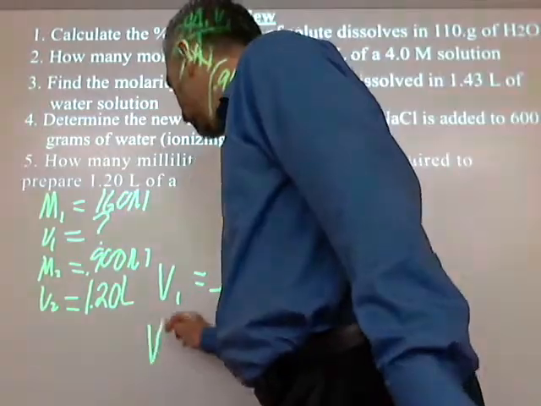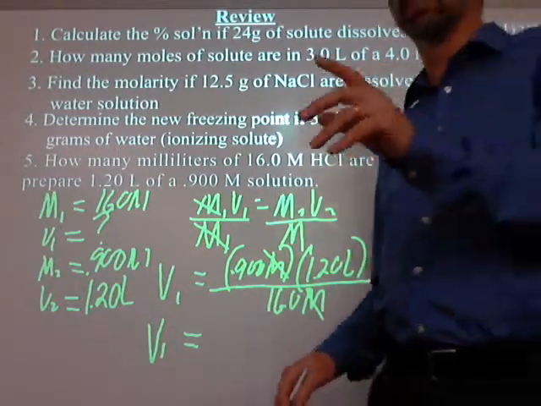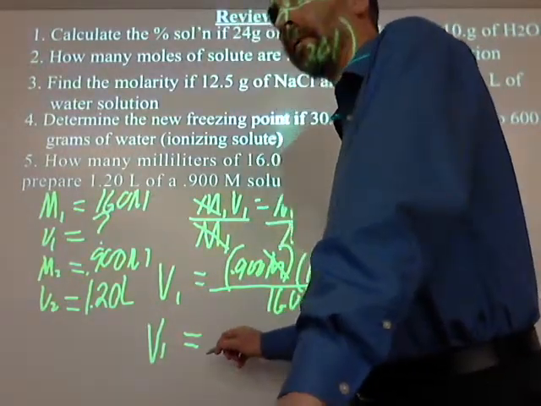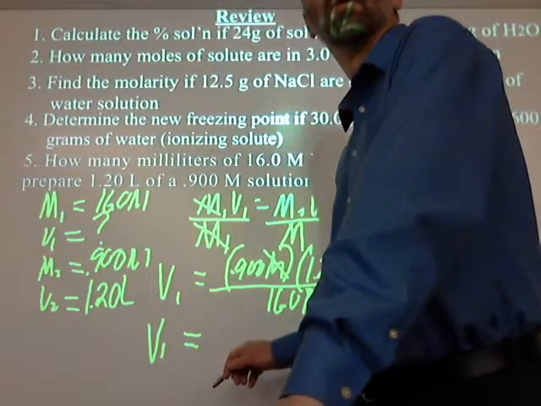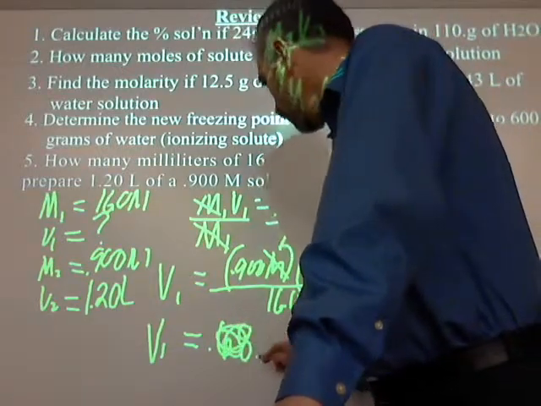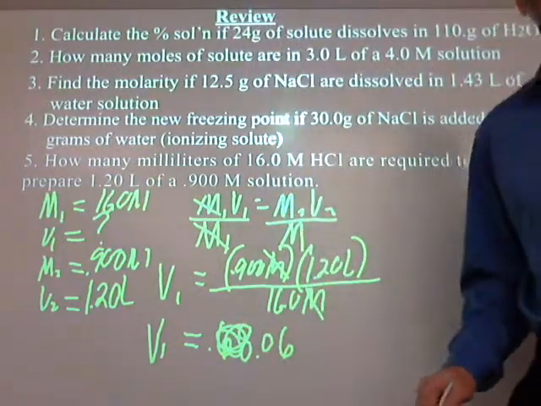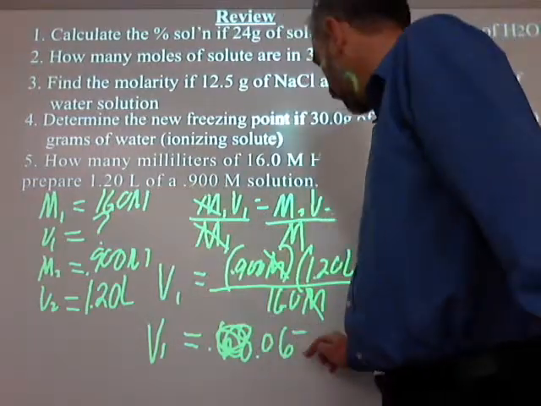What do you get for your V1 in liters? Now, I know you probably changed it, but right now in liters, what do you get, Allie? Anybody? What do you have? 0.06. 0.06, 8 or 7.5? Well, I got 3 significant figures, so I'll say 7.5.